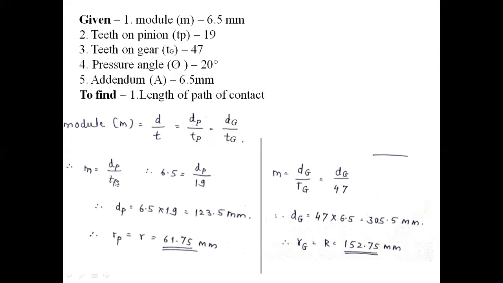Module is equal to d by t of the pinion, and the number of teeth on the pinion is 19. So the diameter of the pinion is 6.5 into 19, which is equal to 123.5 mm.